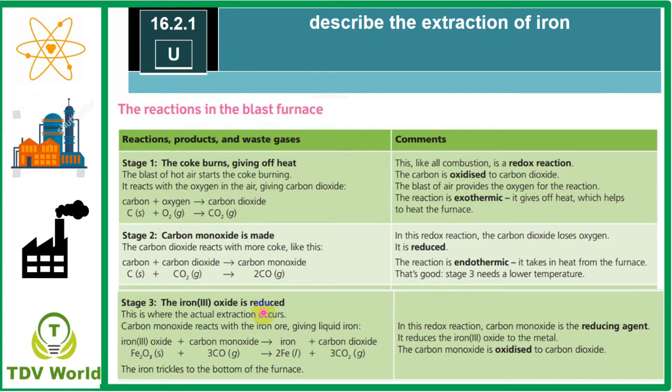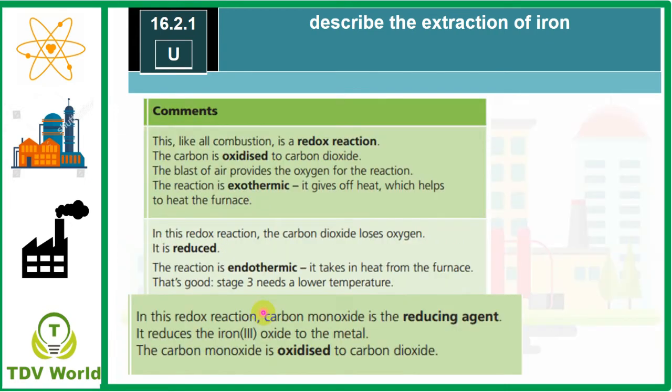So I will read the comments again. In this redox reaction, carbon monoxide is the reducing agent. It reduces the iron oxide to the metal. So iron ore is going to be reduced, and the carbon monoxide itself is going to be oxidized to carbon dioxide.